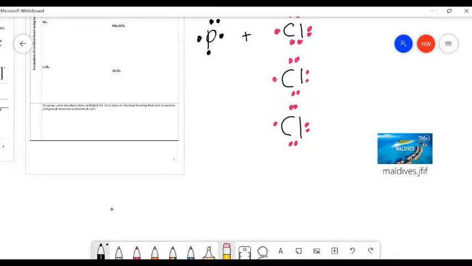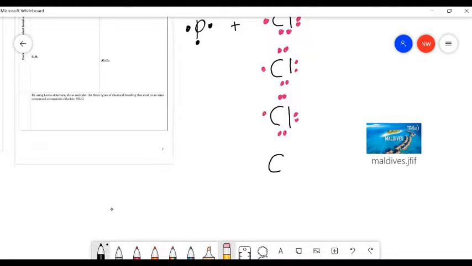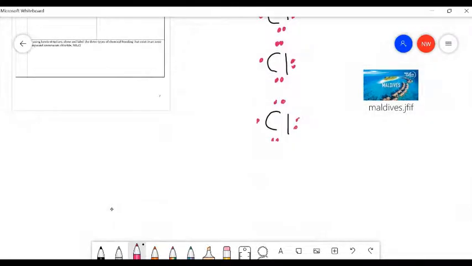Ada 5, baru 3. Baru berapa I draw? 1, 2, 3. Then another CL. Alright, so dah ada 5 CL.